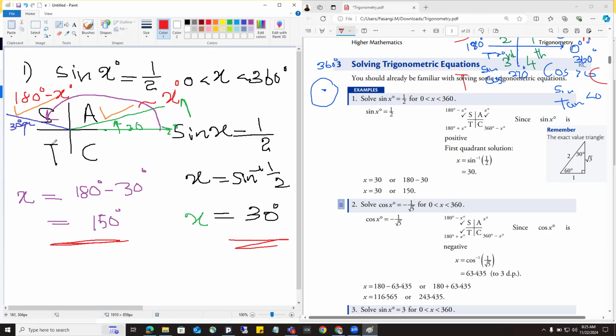Let's assume that angle lies in the third quadrant as well. If so, then how we find this angle is 180 plus x. Okay, if that angle lies in the fourth quadrant, that means we can calculate the magnitude of that angle from 360 minus x.